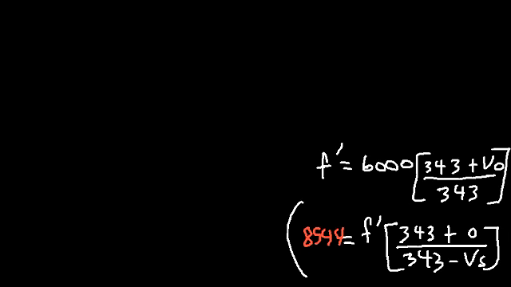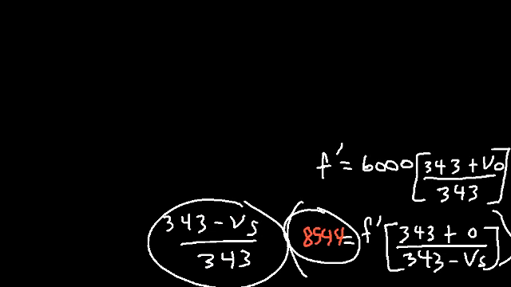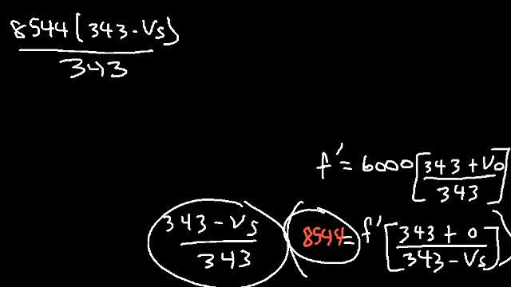We can do that if we multiply both sides of the equation by the reciprocal of this fraction, which is 343 minus Vs divided by 343. So these two will cancel, and those two will cancel. So it's going to be this fraction times this number, 8,544, times 343 minus Vs divided by 343.